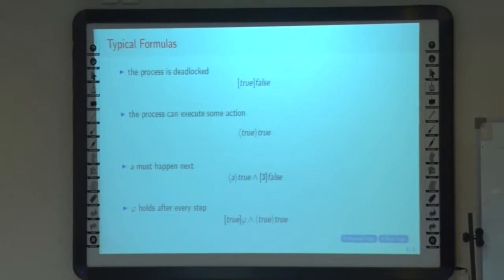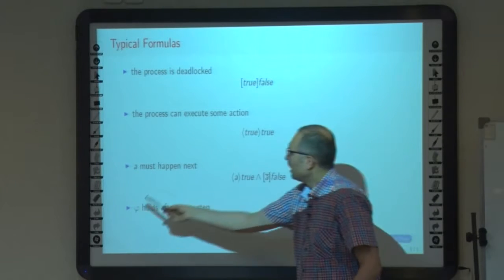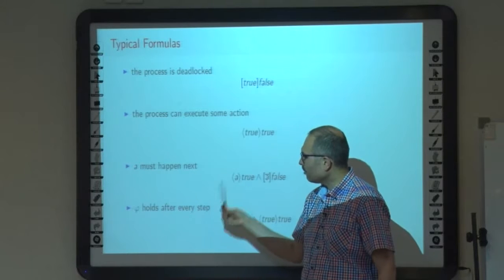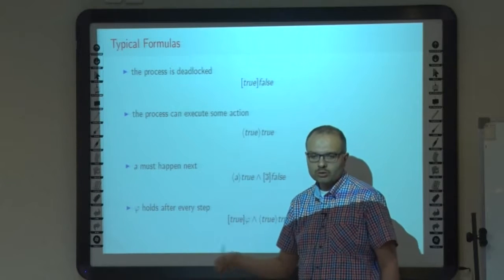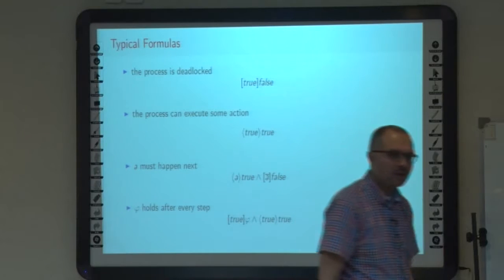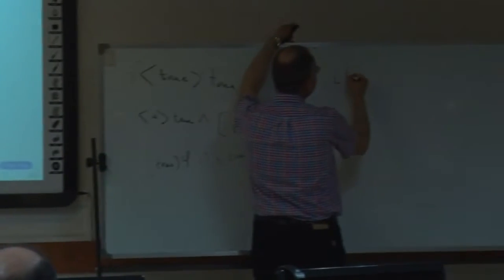The question is, what if I want to change this description and I ask you, phi holds after every number of steps. So 0, 1, 2, 3, 4 steps. How do I specify that? Box true star. Okay, that we haven't seen yet.